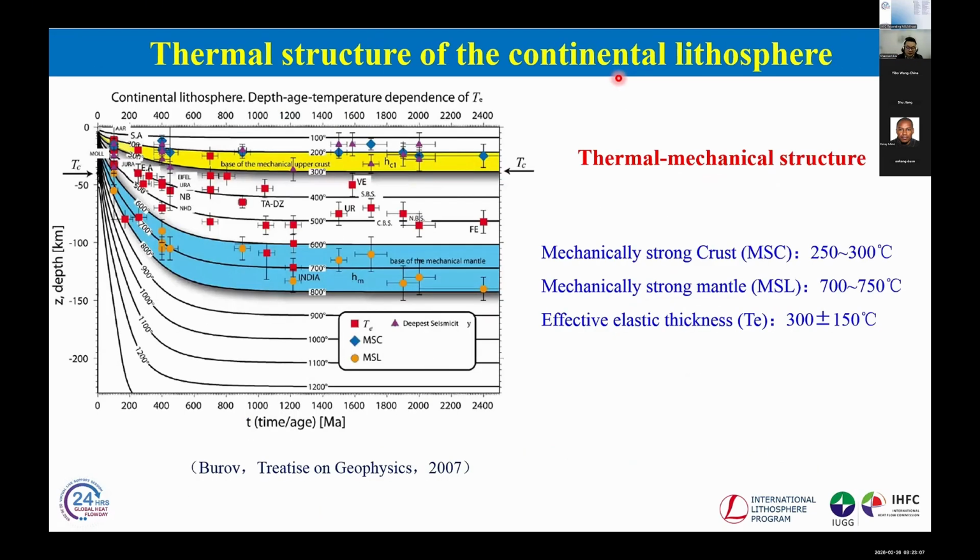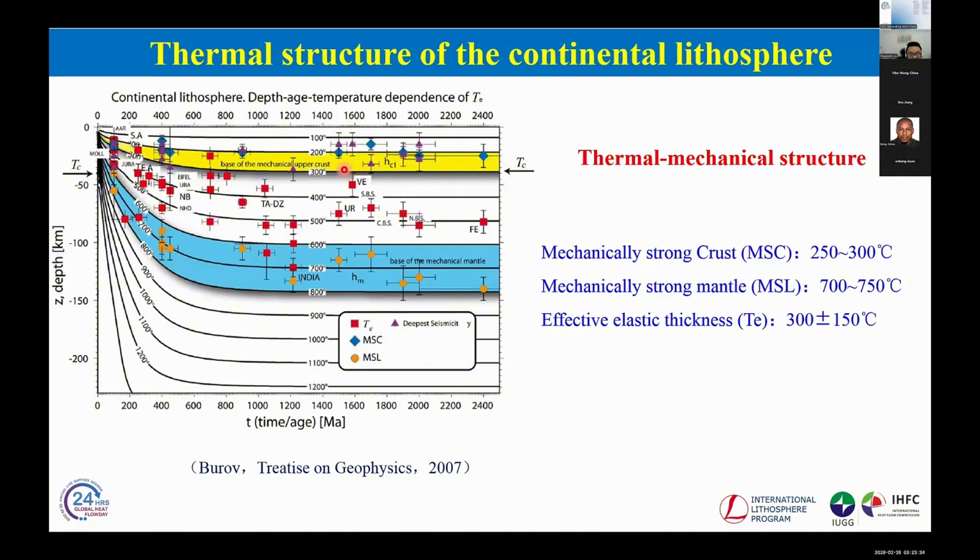So this is the temperature profile of the lithosphere proposed by Professor Belov. We can see this is somewhat like that of the oceanic lithosphere, which means the temperature profile is like this one. So I will take into consideration the thermal and the mechanical coincidence. What does it mean?